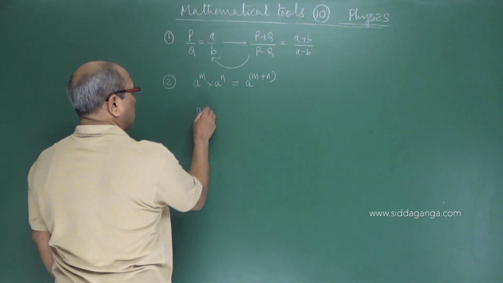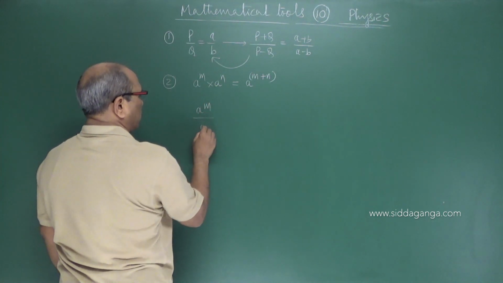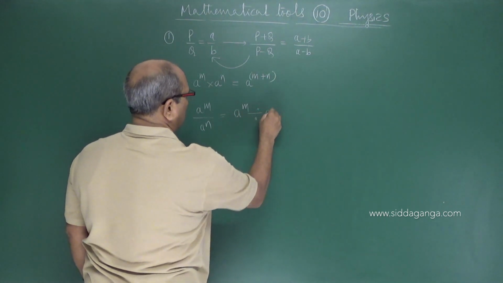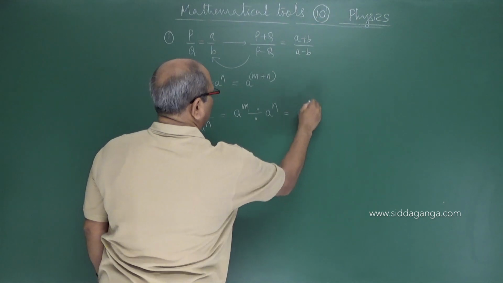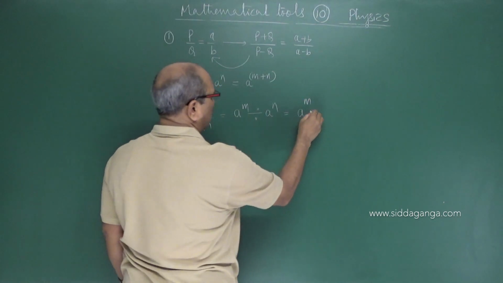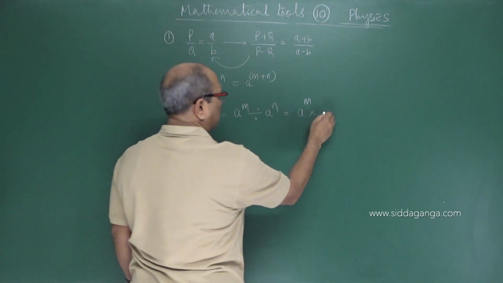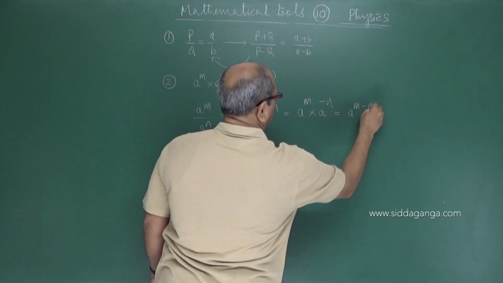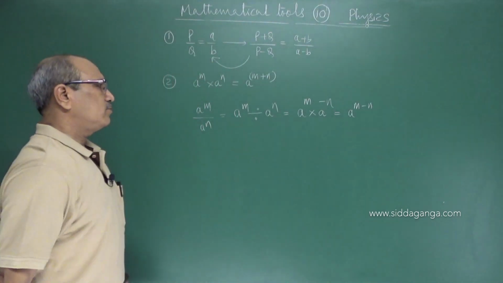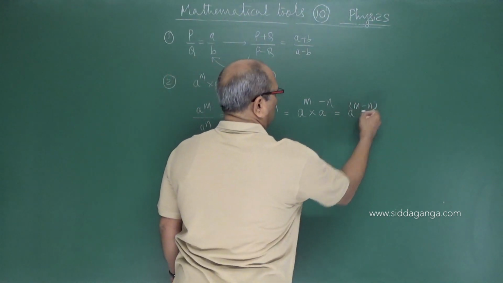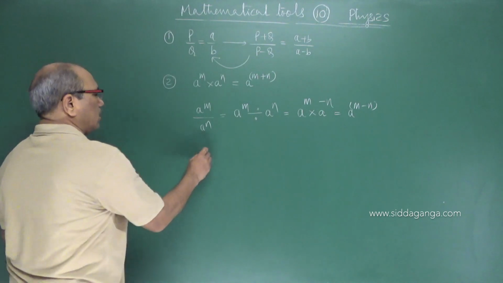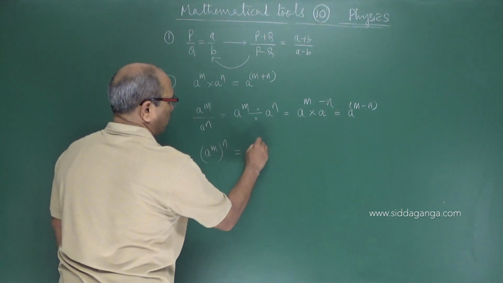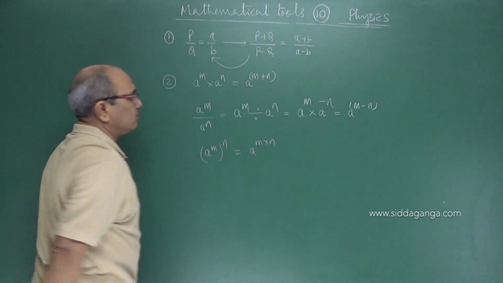And also, second, the division rule: A power m divided by A power n can be written as A power m into A power minus n, or A power m minus n. And another is A power m power n, which is A power m into n.